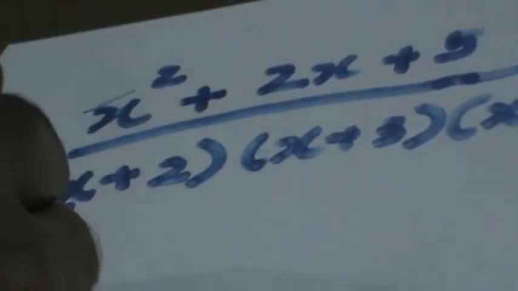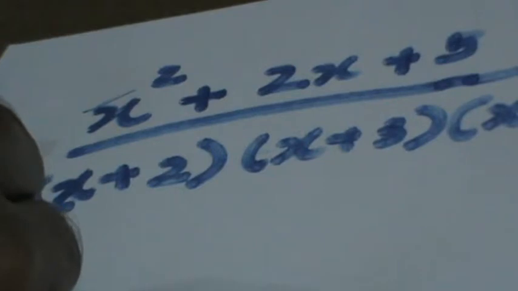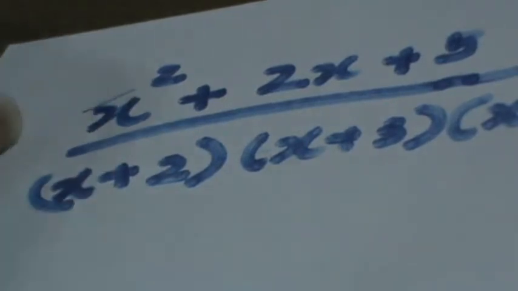Alright, so I'll write it again: x squared plus 2x plus 5 over x plus 2 times x plus 3 times x minus 1. This is the thing you have been given.